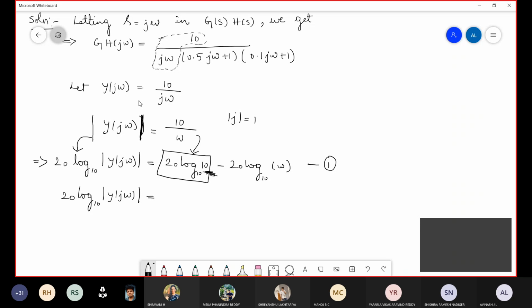I am asking you the question. 20, sir. So it will be 20 only, correct? Because log 10 to the base 10 is 1, so 1 into 20 is 20. Is that clear?